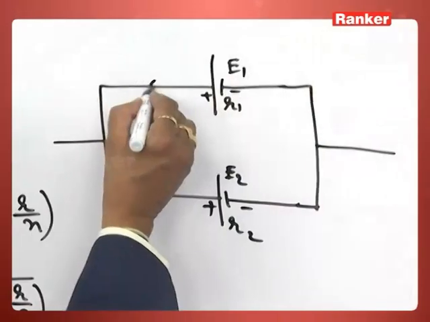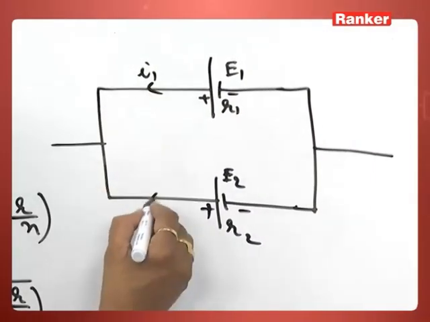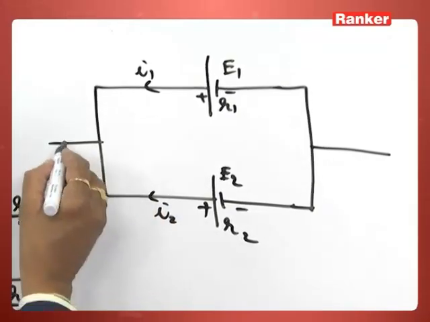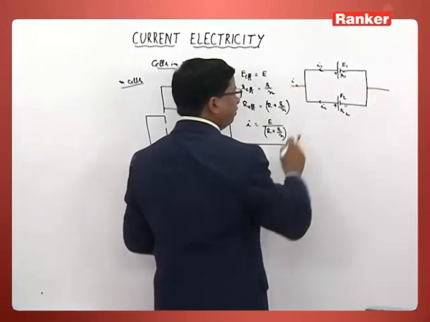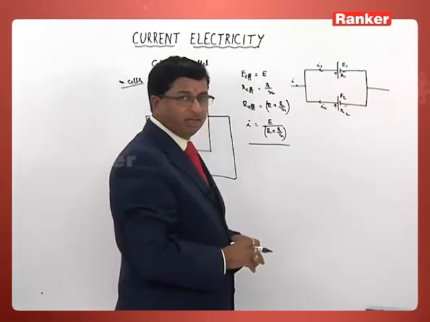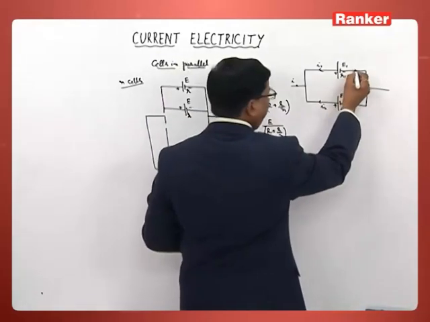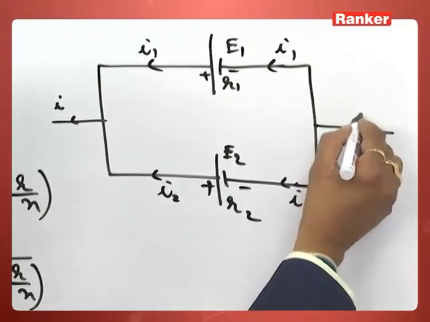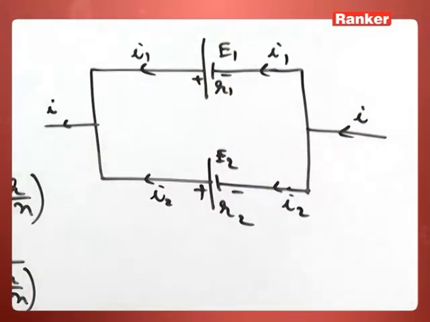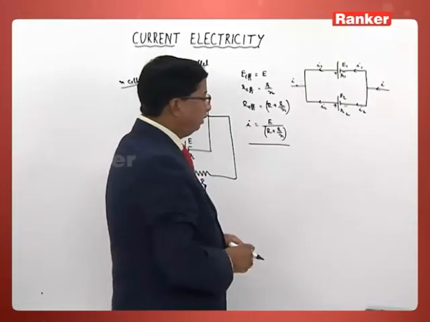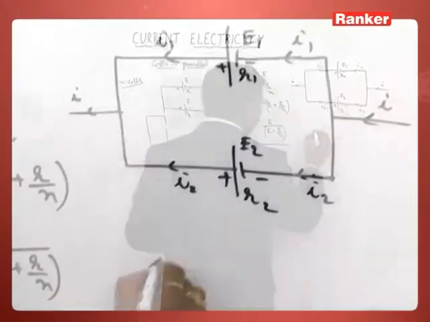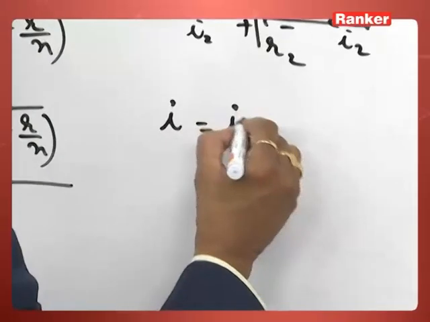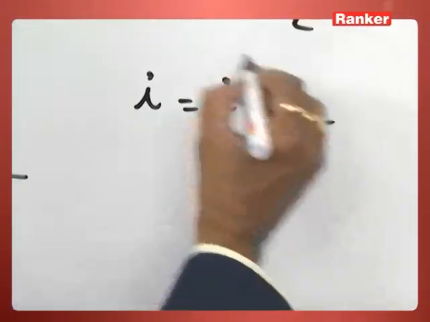If I consider the current across this one as I1 and here as I2, both of course mix up here to give the total current as I. Once again I1 of course enters this way, I2 enters this way, I once again comes back like this. So in such cases we can write that I is equal to I1 plus I2.